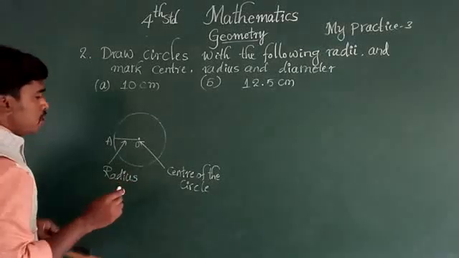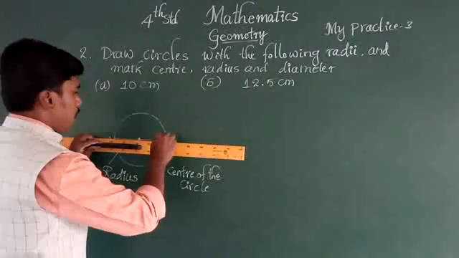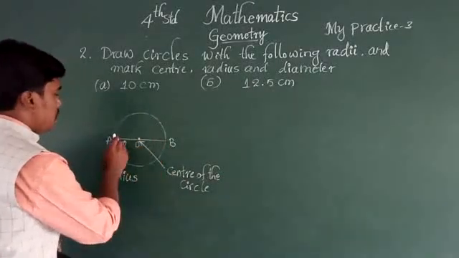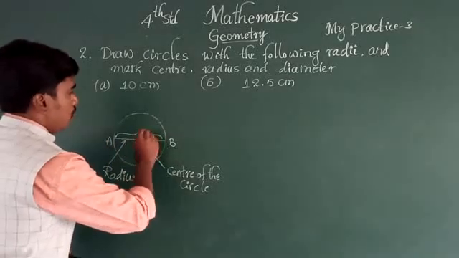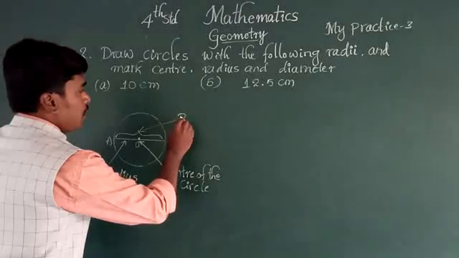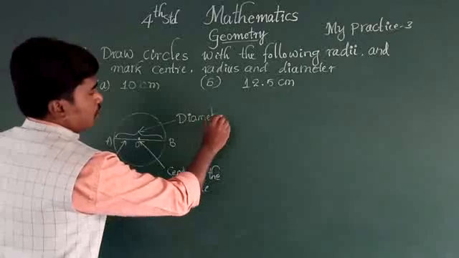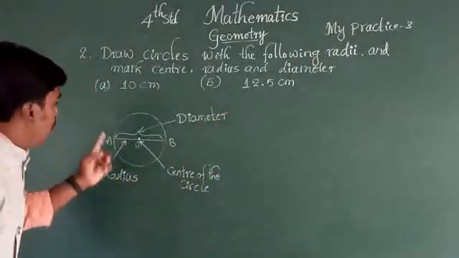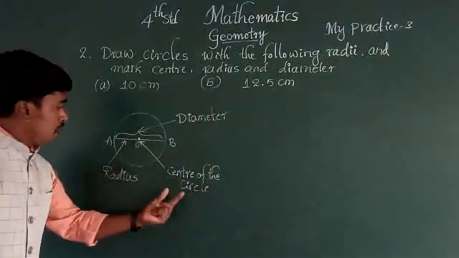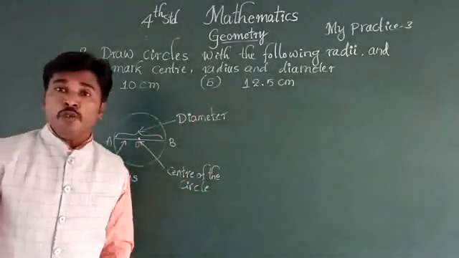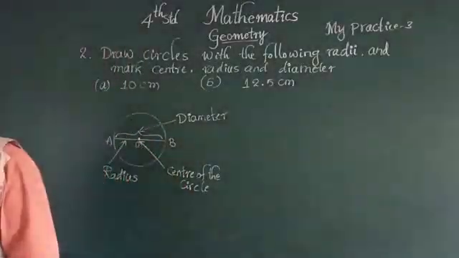If you continue this line, then you get B. So this AB, from A to B, is called the diameter. Center of the circle, radius and diameter you need to mention in the diagram.